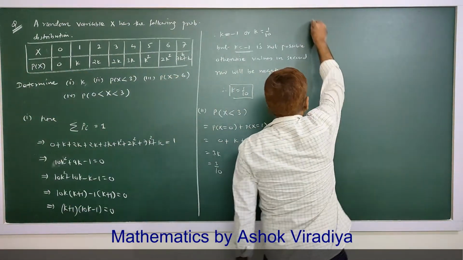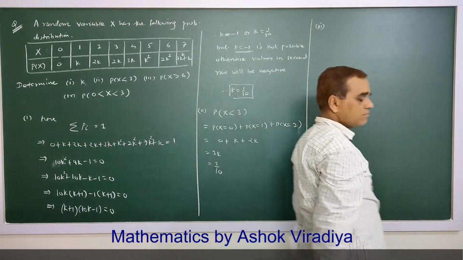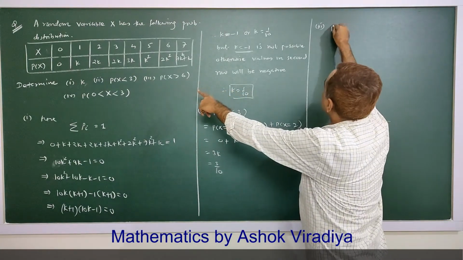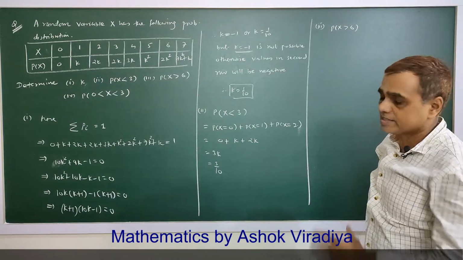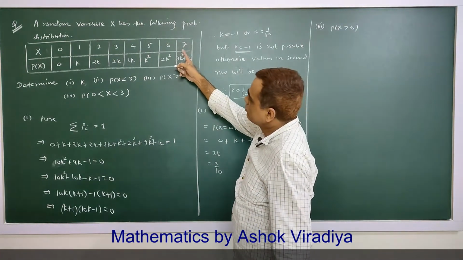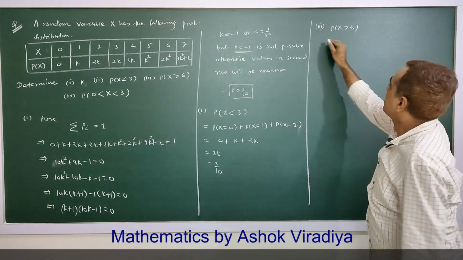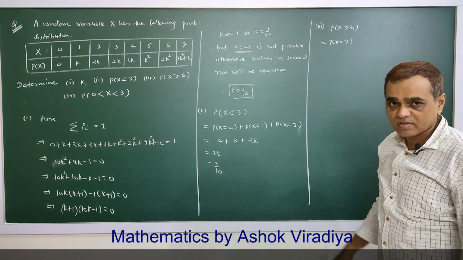Then third is the probability that x takes value more than 6. Now which numbers are more than 6? More than 6 means only 7. So it means probability of x equal to 7.